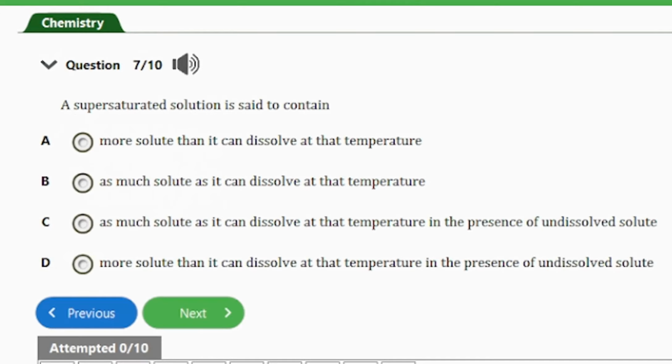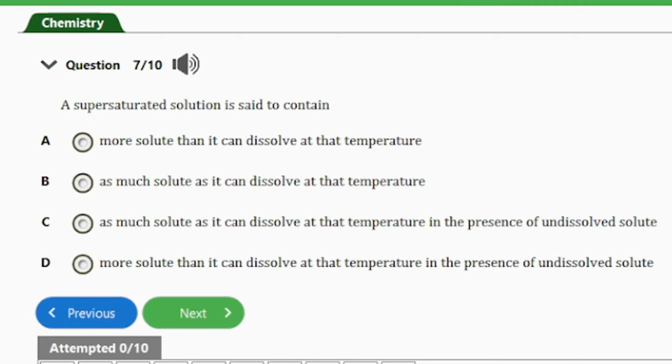So let's consider the next question, question number 7. It says, a supersaturated solution is said to contain A, more solutes than it can dissolve at that temperature, B, as much solute as it can dissolve at that temperature, C, as much solute as it can dissolve at that temperature in the presence of undissolved solutes, D, more solute than it can dissolve at that temperature in the presence of undissolved solutes.